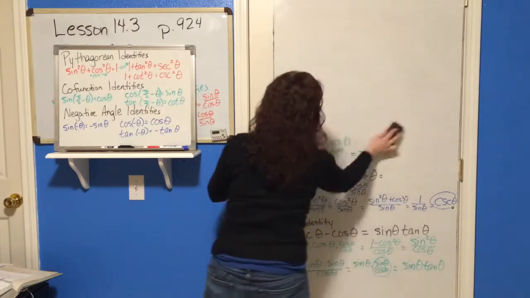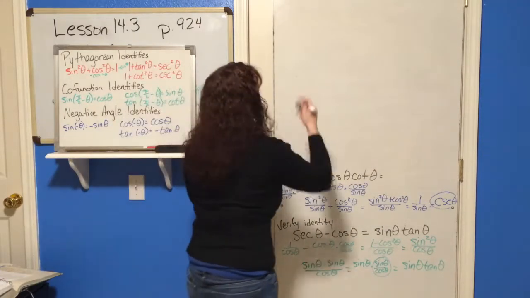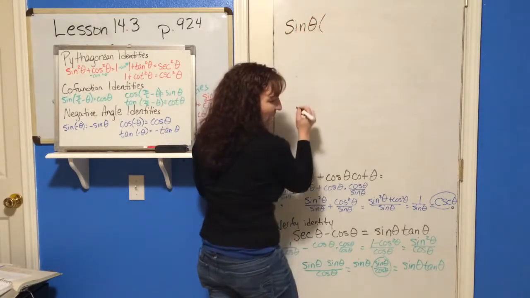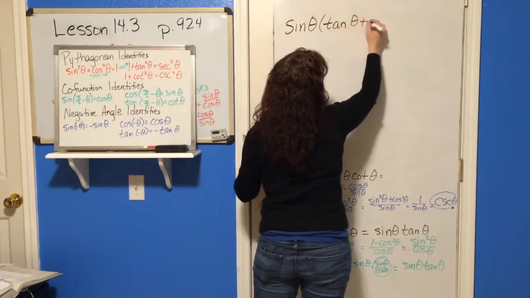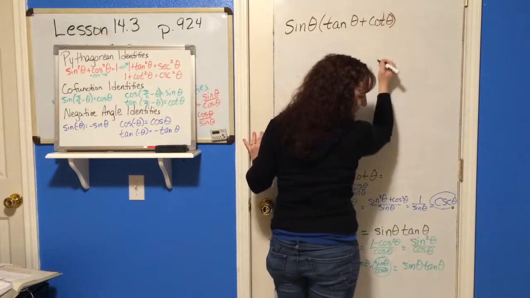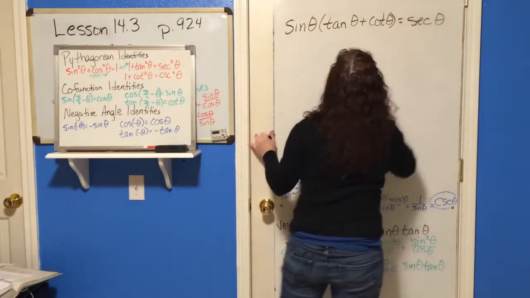I've got one more like that. One more identity. Let's see what I've got. I've got sine of theta times tangent of theta plus cotangent of theta, and I want that to equal secant. All right.